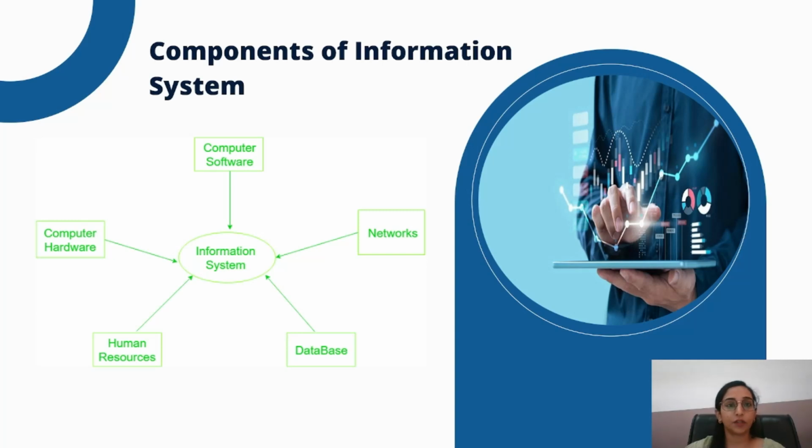Next, we have human resource, and it is the last component of information system. It is associated with the manpower required to run and manage the system. People are the end user of the information system. End user use information produced for their own purposes. The main purpose of the information system is to benefit the end user.